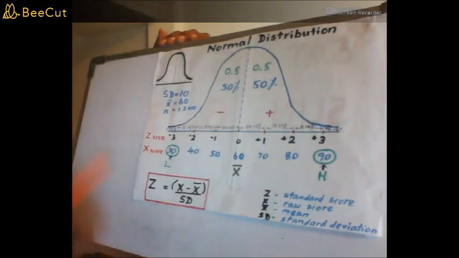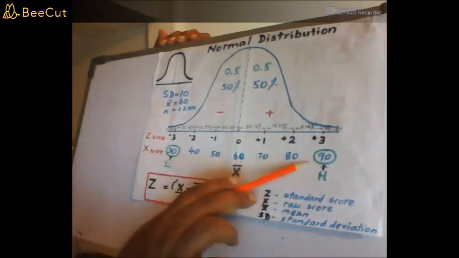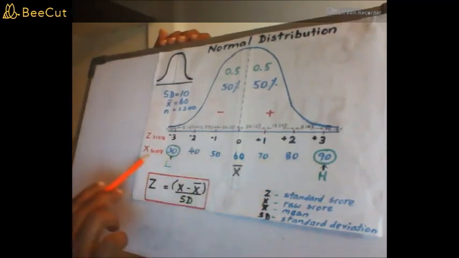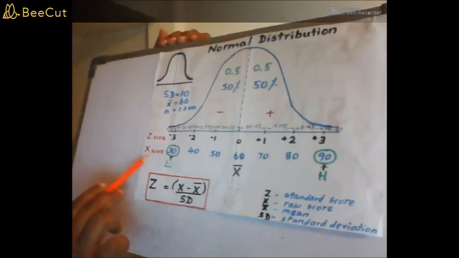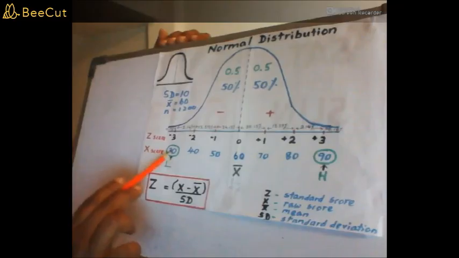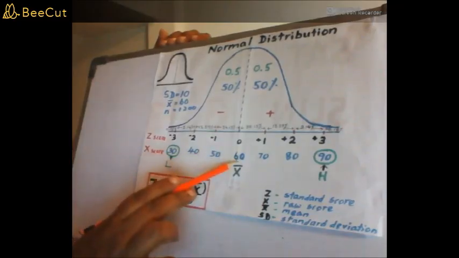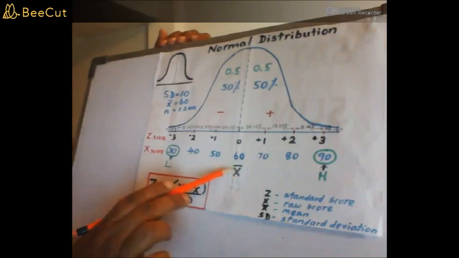Normal curve. And there are certain things that you have to study and remember. This is the line. Can you see in blue? We call these X scores, raw scores, right? Raw marks, X marks. Here, this is the average according to our example. We put X bar.